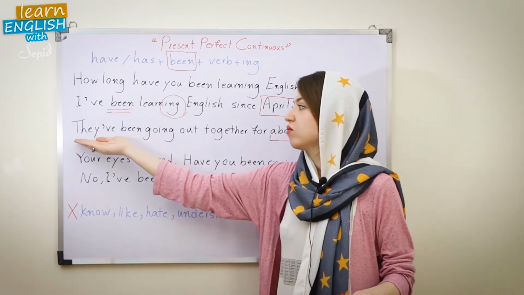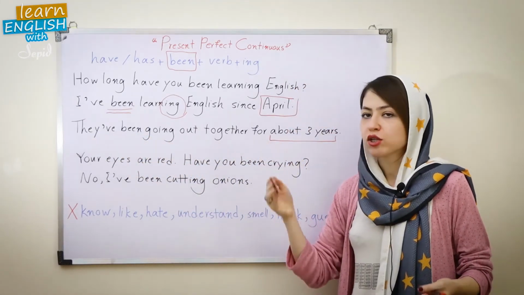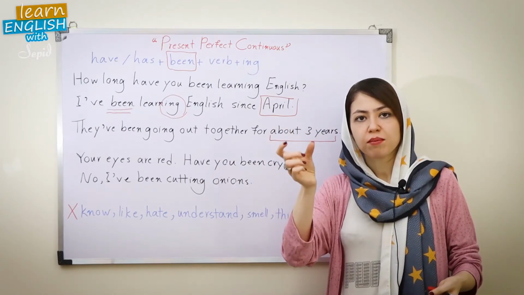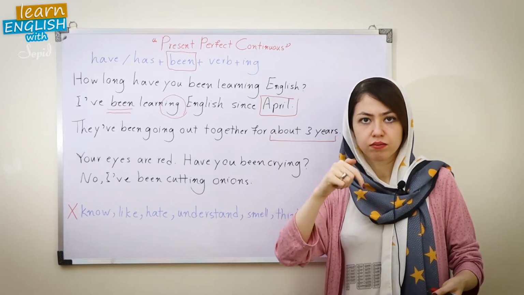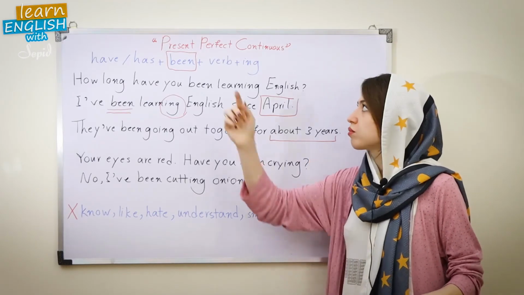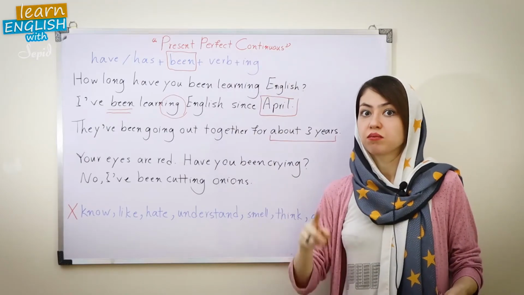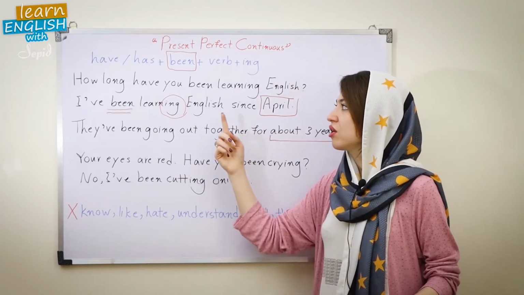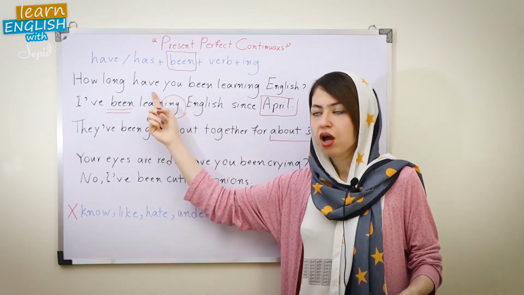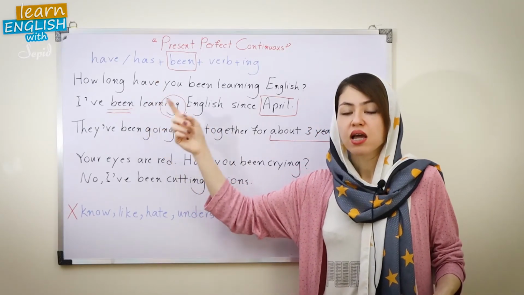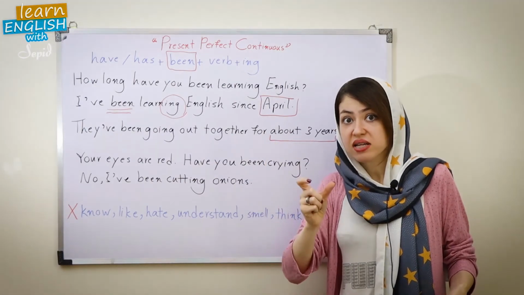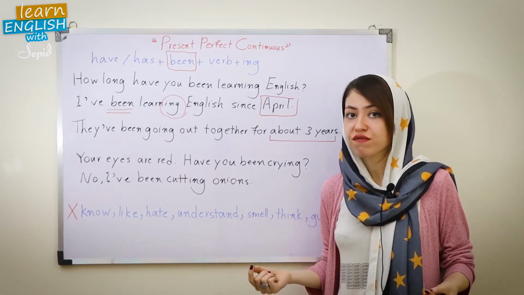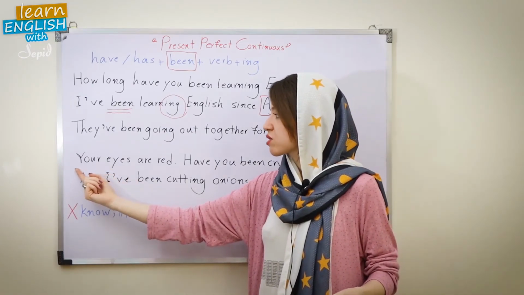That was one point that we said that if we are talking about actions which are non-stop, which happened in the past and continue up to the present time, we can use present perfect continuous, but no interruption is really important. So we can either use present perfect here or present perfect continuous, but if you want to emphasize, present perfect continuous is much more useful. So let's go to the next part.